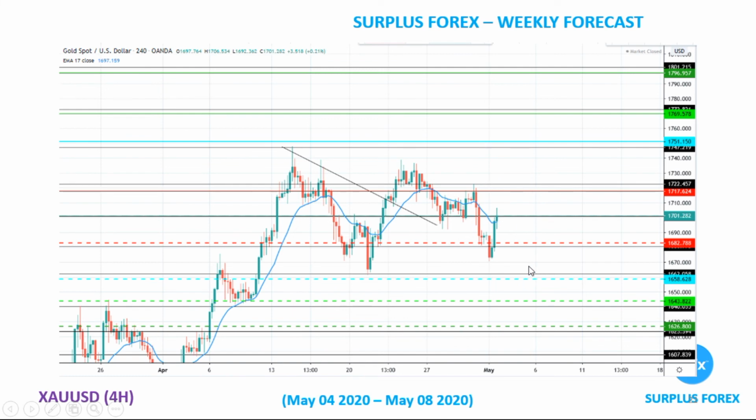On the reverse side, if it falls below 1660, 1665, I'll make my entry at 1658. Make sure that it makes a successful test here, and then keep my first target at 1643 and second target at 1626.